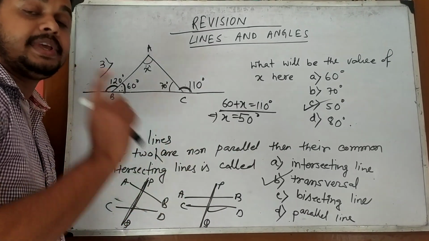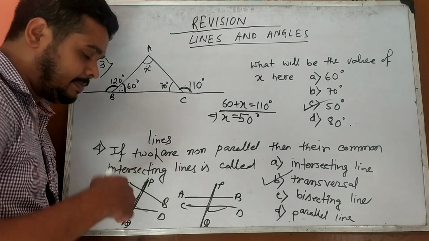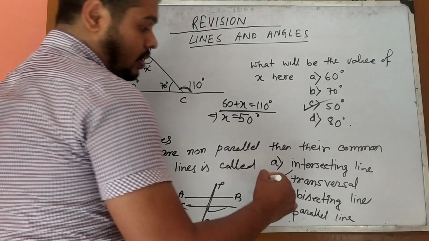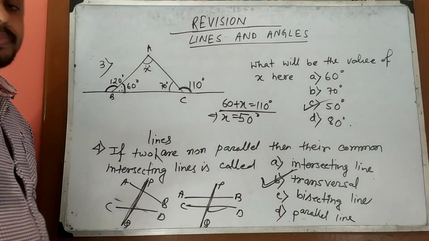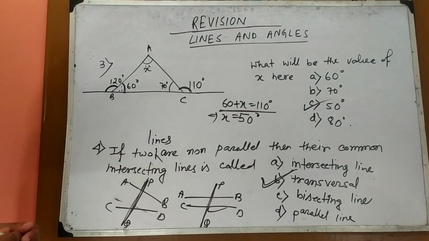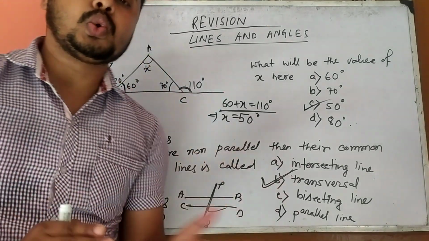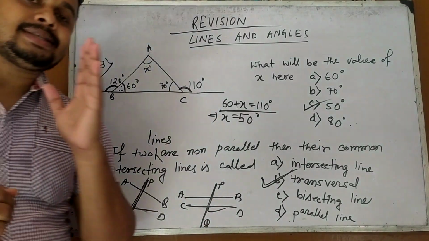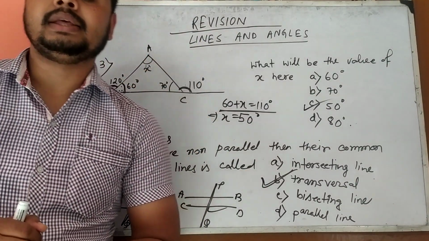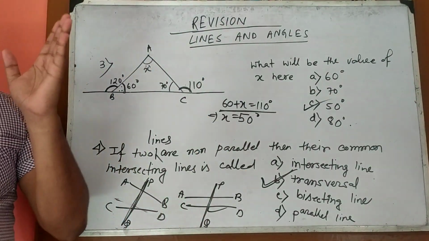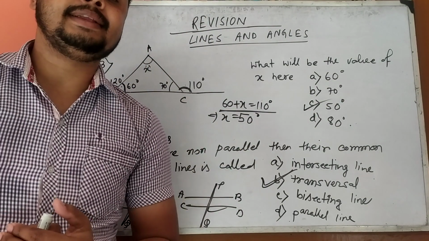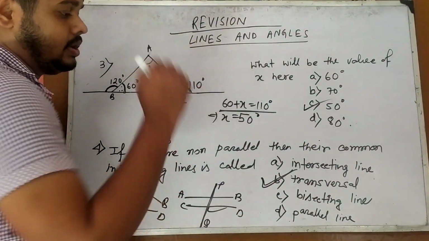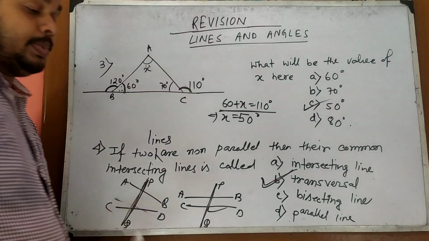All these times PQ is called transversal. Here PQ is also transversal, here PQ is also transversal. So our answer is transversal. If any two lines are intersected by any other line, then the other line or intersecting line is called transversal. So in this case our option is B.